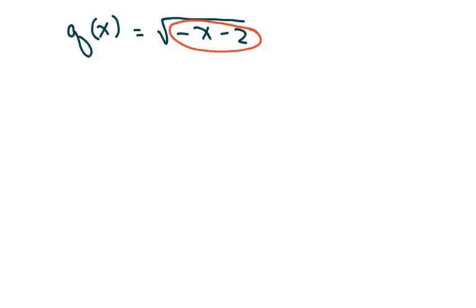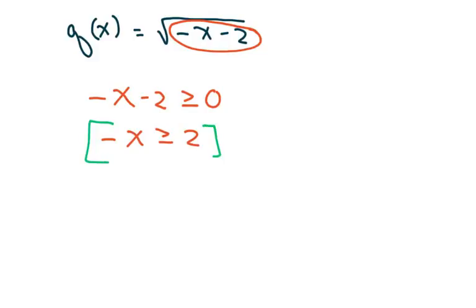And the last one we have is q of x equals the square root of negative x minus 2. Again, we're just going to set this greater than or equal to 0 because that quantity has to be greater than or equal to 0. So we get negative x is greater than or equal to 2. Let's negate this because we're solving for x.